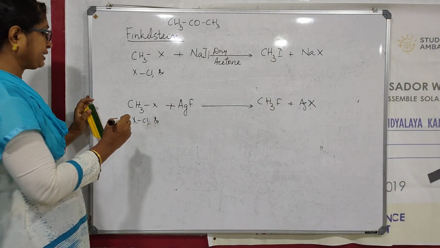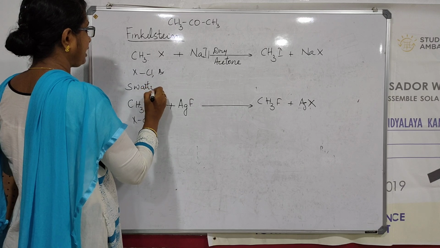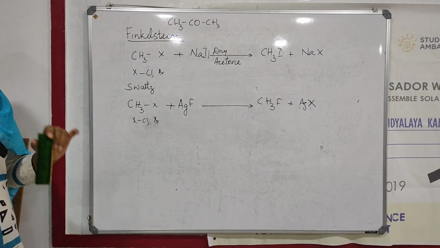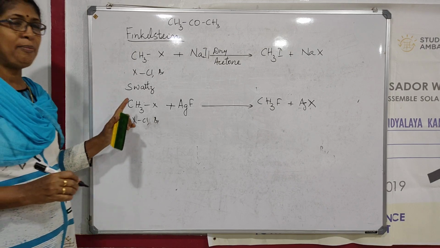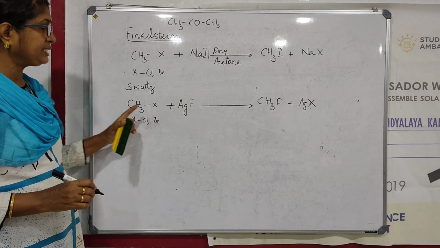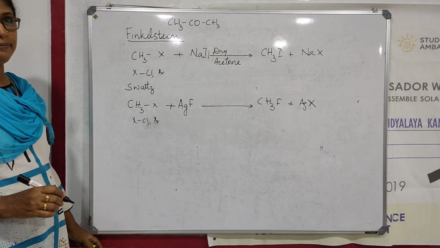This is another name reaction. It is called the Swarts reaction. So Finkelstein reaction and Swarts reaction, two name reactions. You can add them to your memory card. Finkelstein reaction is for the preparation of iodoalkanes and Swarts reaction is for the preparation of fluoroalkanes.